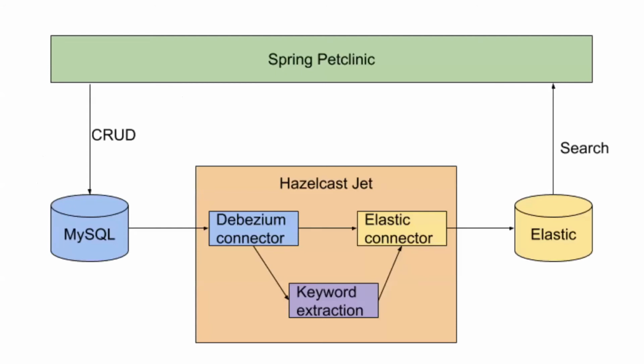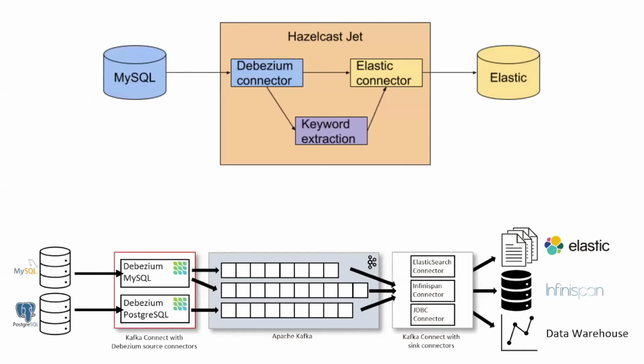So this is the overall architecture of the solution, and if you compare it to the solution with vanilla Debezium, there is a Jet cluster compared to the Kafka cluster. The Kafka cluster in the bottom image is missing ZooKeeper nodes, so there is one more thing to maintain there.